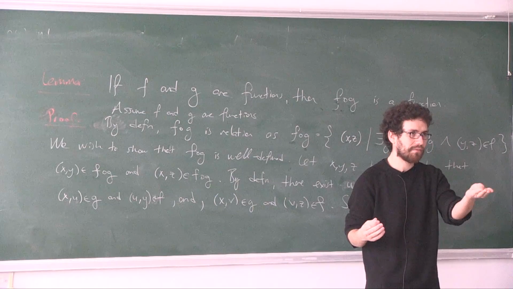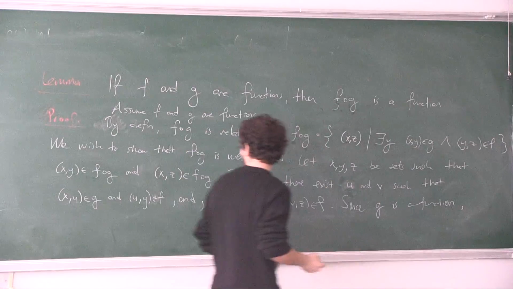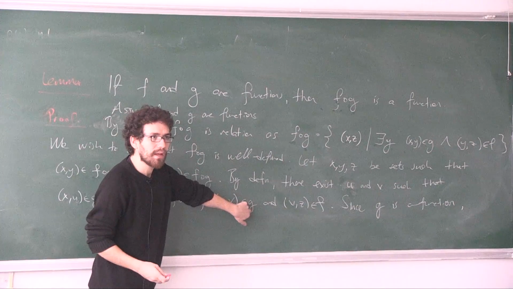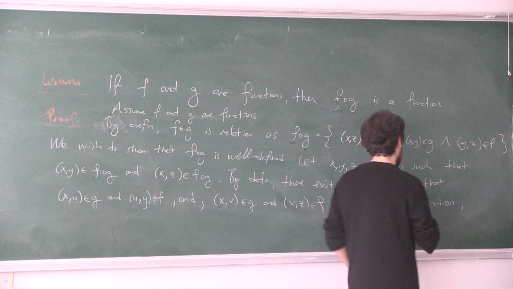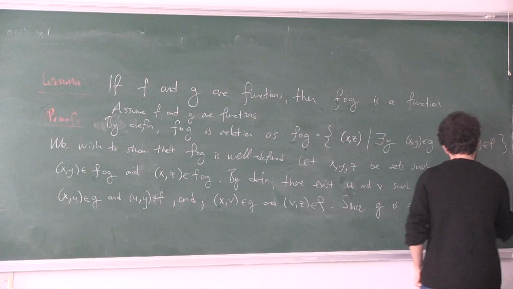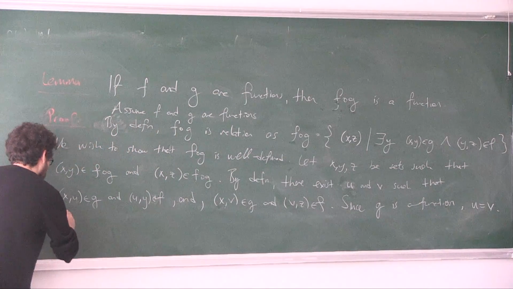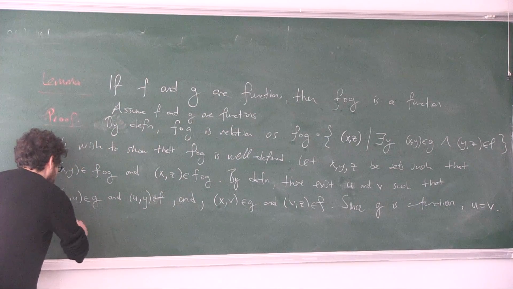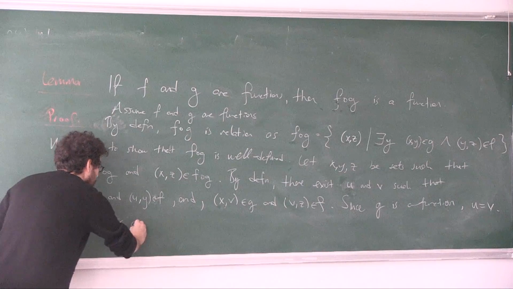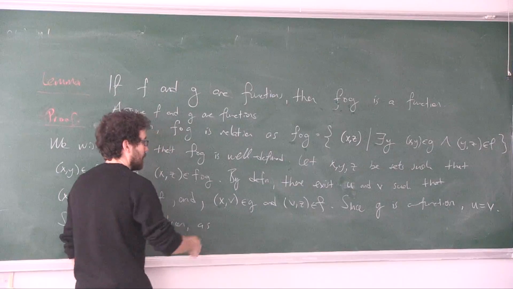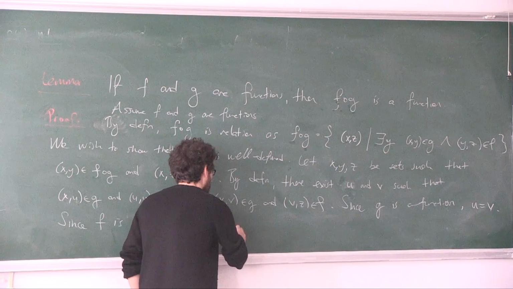What's the function? A well-defined relation. Because g is well-defined, (x,u) in g and (x,v) in g implies that u equals v. Now I'm going to use the fact that f is a function.